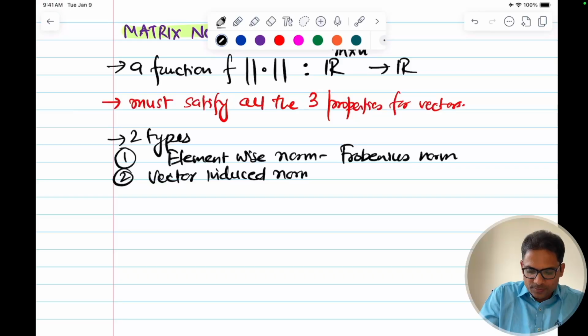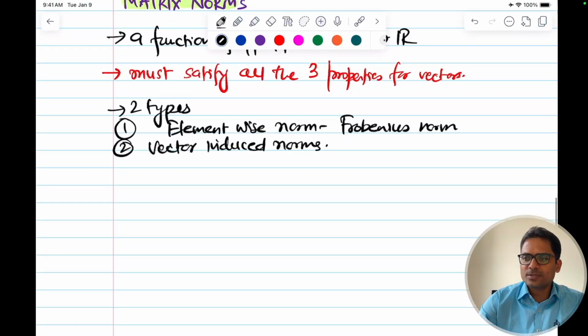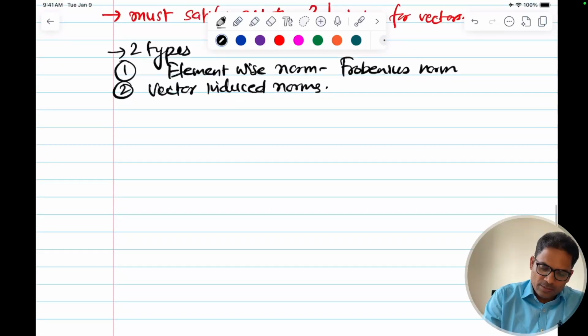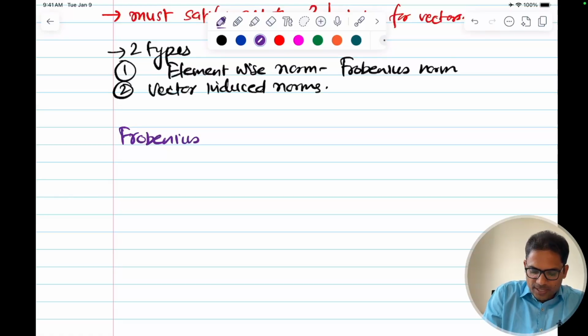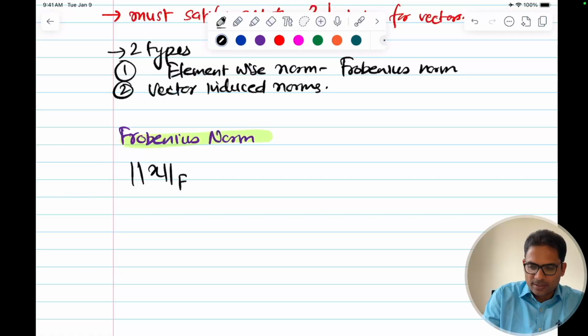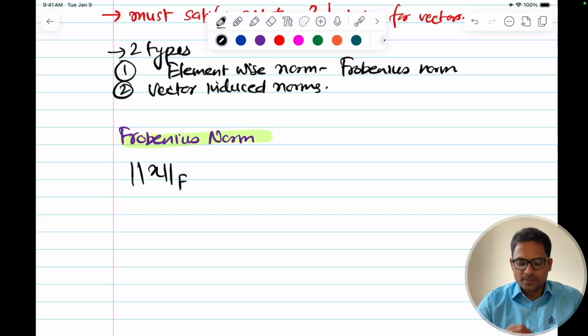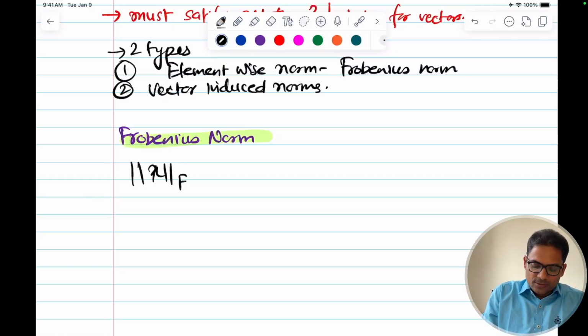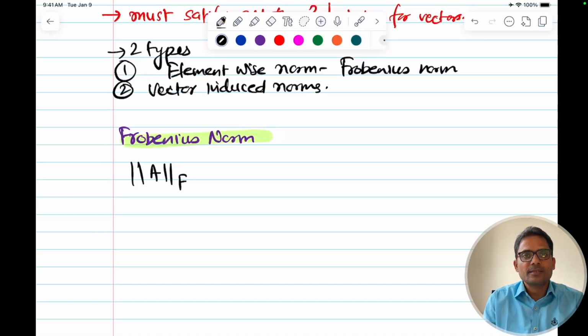So first one is element wise norms. That is simple. You will see this a lot in many research papers. The Frobenius norm is denoted like this, with subscript F, for a matrix A, not a vector.